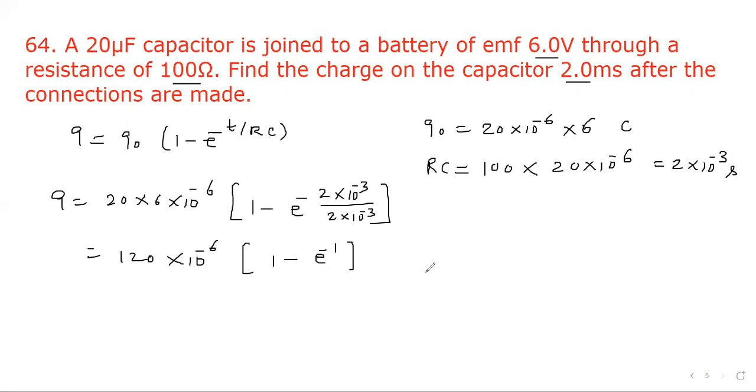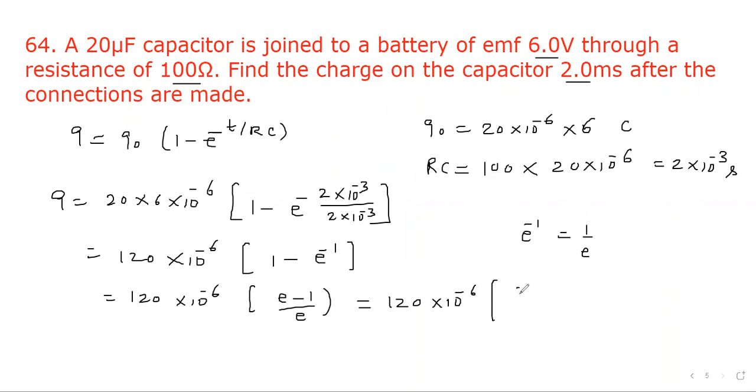So we can evaluate it. E to the power minus 1 means 1 upon e. And we can do it like 120 into 10 to the power minus 6 into e minus 1 upon e. And we can put the value: 120 into 10 to the power minus 6 times, e is 2.72, minus 1 upon 2.72.